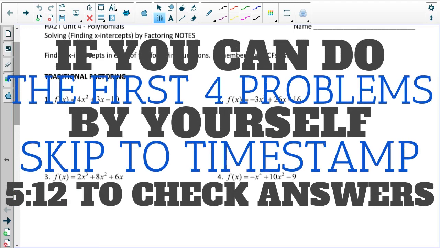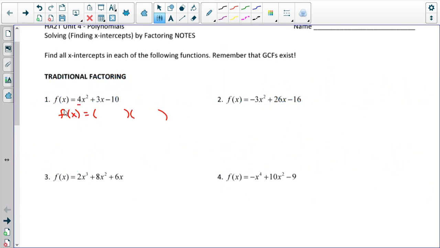First, let's do a little bit of practice with traditional factoring. So notice that 4 and 10 are both composite numbers, so I need to try any of these cases.